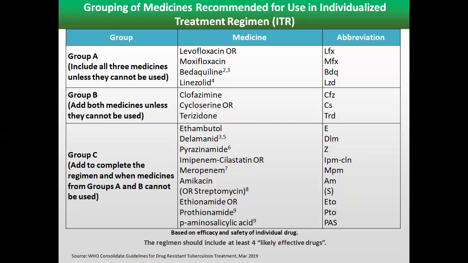So what we do is, for every dose of imipenem or cilastatin or meropenem, we administer co-amoxiclav, because their effects are synergistic. But in counting your 4 effective drugs, you do not count co-amoxiclav as an additional effective TB agent. Only the imipenem or meropenem.